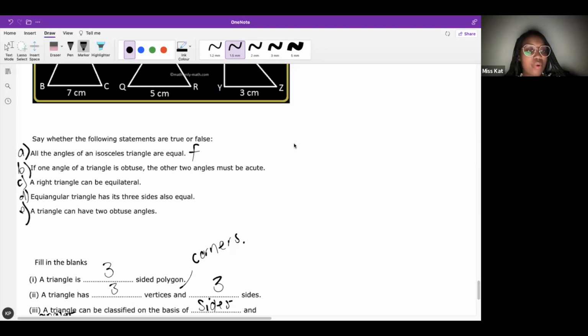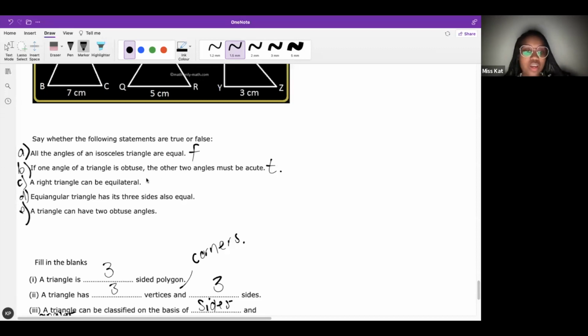Okay. If one angle of a triangle is obtuse, the others have to be acute. That would be true. A right triangle can be equilateral. False.